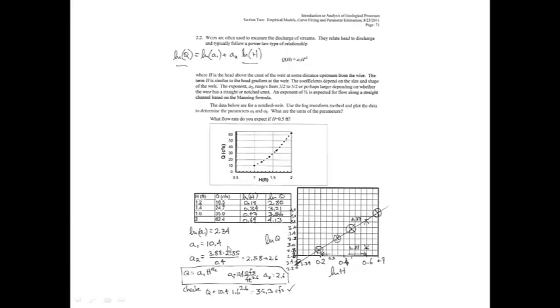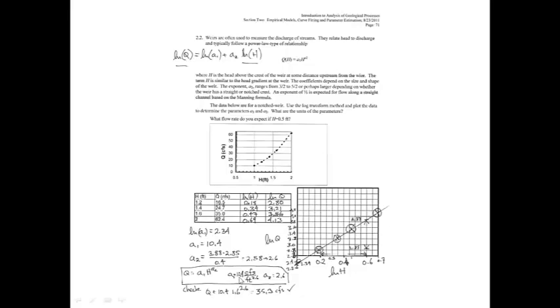I didn't put the units here, but I will do that later down here when I have the final result. a2 is the slope, and I've marked off how I did that here. There's the change in x and the change in y, and I get those values, come up with 2.58 in the calculations, and I just rounded that to 2.6. So these are the calculations that I've done, and then for my result, I rewrite the equation just so that it's clear what I'm doing, and then I give the resulting parameters.